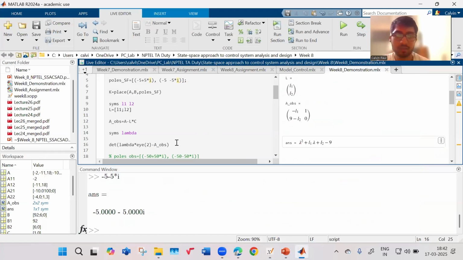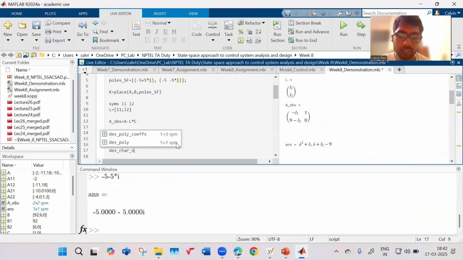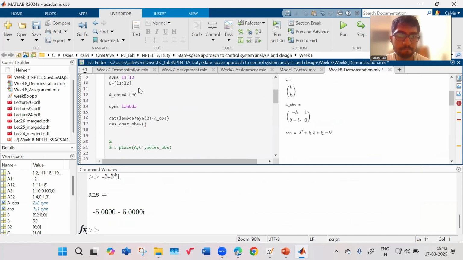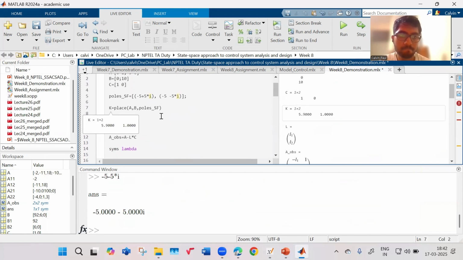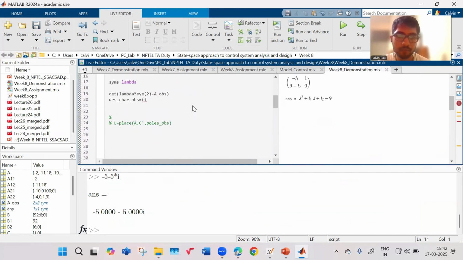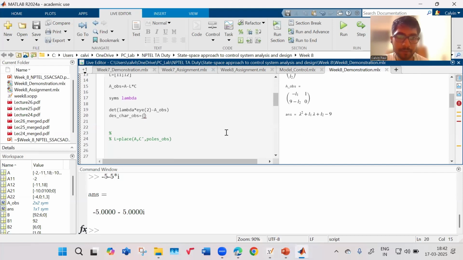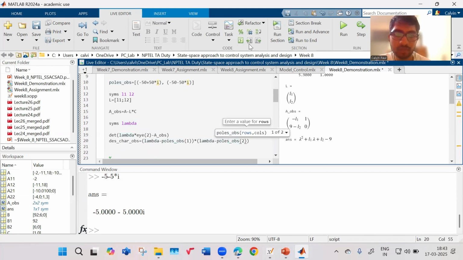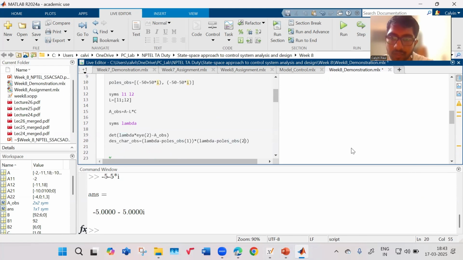Now my desired characteristic equation for my observer is given by lambda minus poles underscore observer, first one of it, into lambda minus poles underscore observer, the second one. Let us see what the desired characteristic of the observer comes out to be.